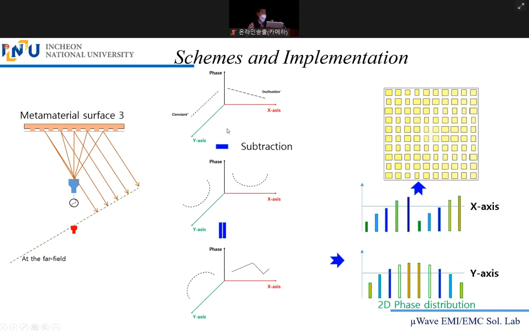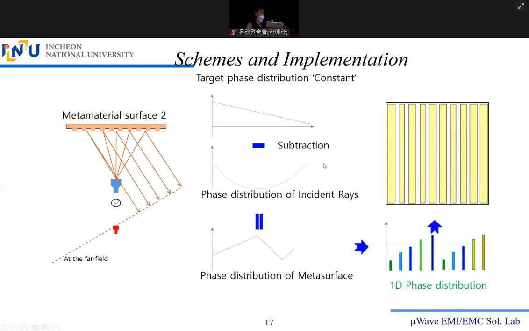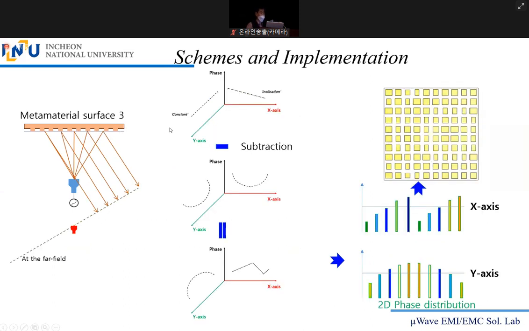So this is sort of the combination of these two approaches. Metamaterial surface 3 is like this. This is a plane. There's a horn antenna. We shine the light to the surface, to the elevation angle going like this, but to the azimuth angle like this.